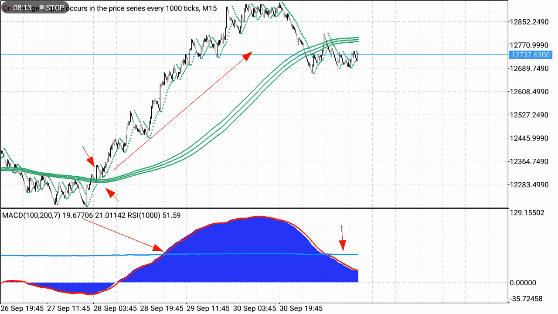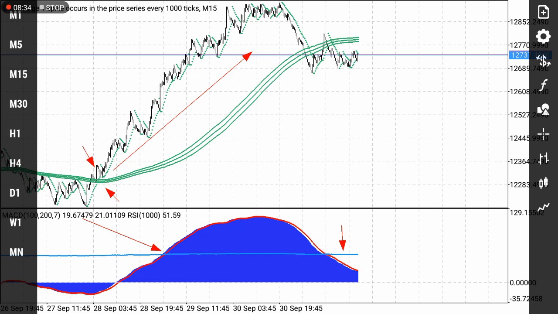The position from this first dot upside is closed when it crosses this RSI support and resistance. It's time to close or set your trailing stop.